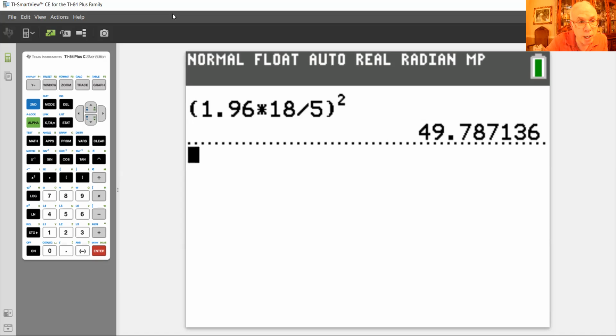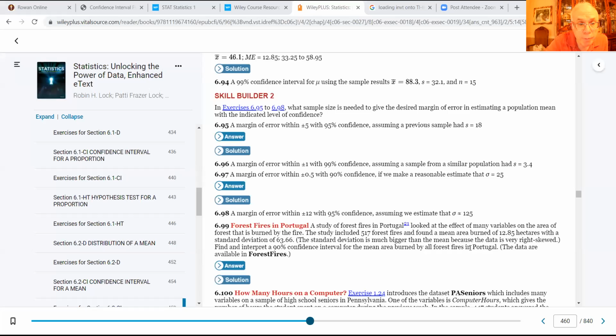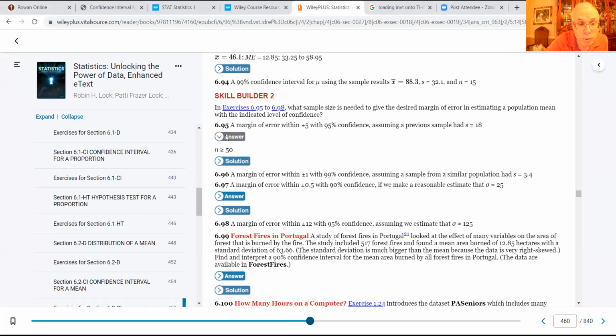So let's double check, make sure that I did this problem correctly. It was this one here, 6.95. Let's see if the answer is 50. There it is. And notice they say n is greater than or equal to 50.